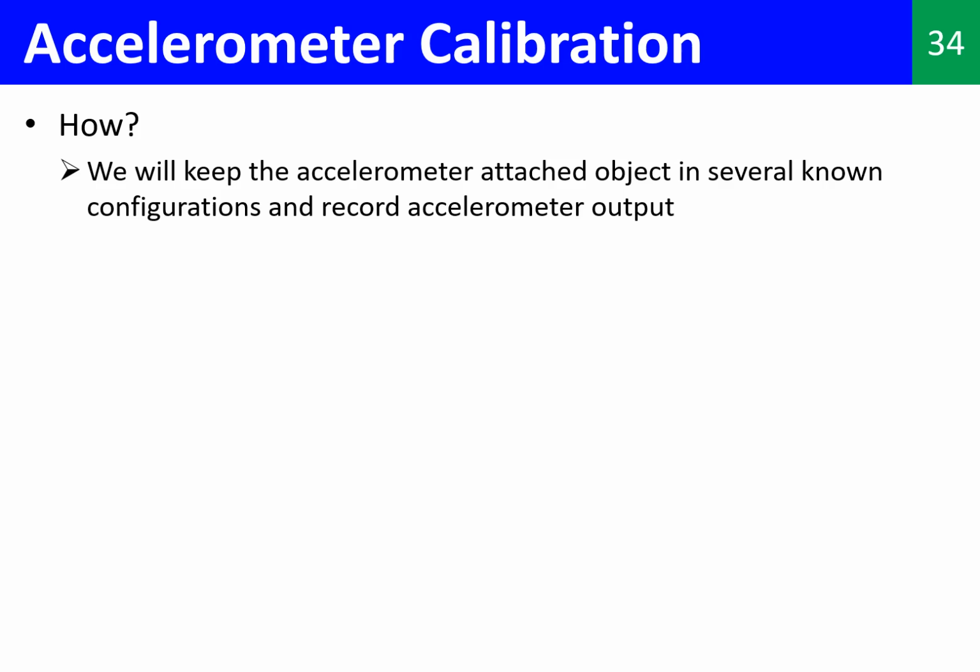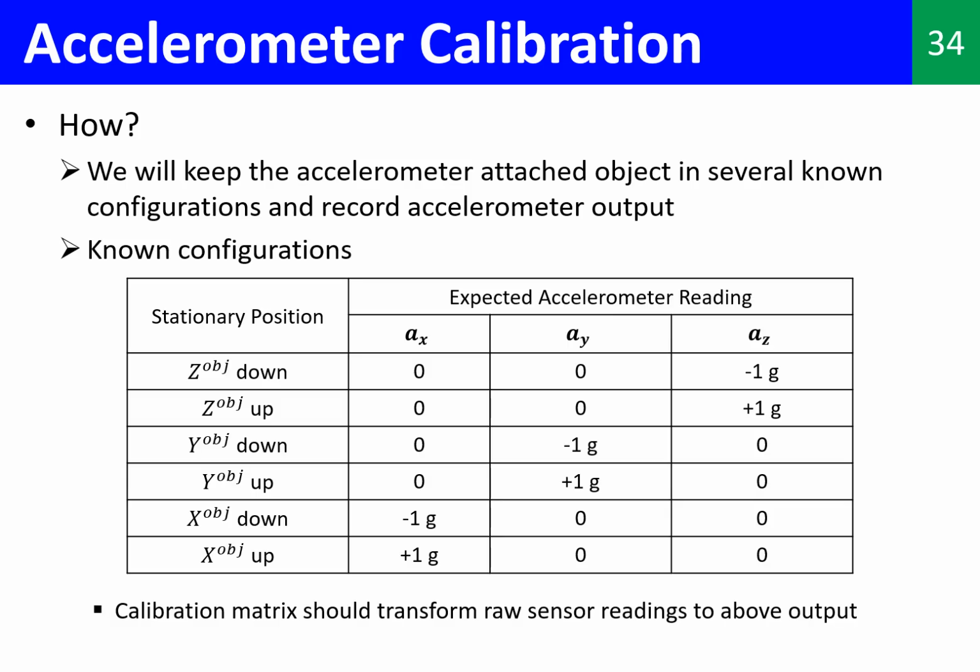We are going to keep the accelerometer-attached object in several known configurations, and we will record the measurements. This table shows some known configurations we can use. When the object's z-axis is downwards, we want the accelerometer to give -g in its z-axis reading after calibration.